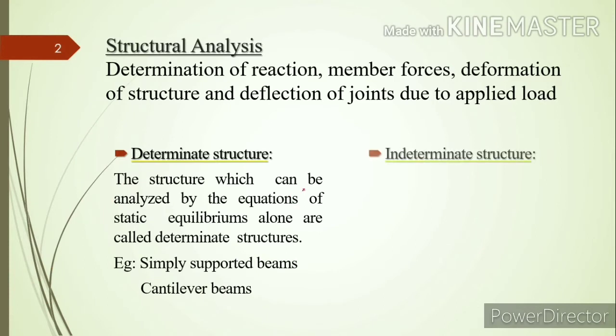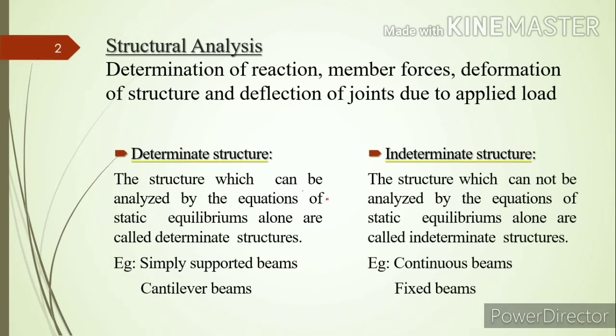The next type of structure is the indeterminate structure. If the structure cannot be analyzed by using the equations of equilibrium alone, it is called an indeterminate structure. Examples of indeterminate structures are continuous beams and fixed beams. Take a fixed beam. Fixed beam means both supports are fixed ends. For a fixed end, there are three unknown reactions: one vertical reaction, one horizontal reaction, and one moment.